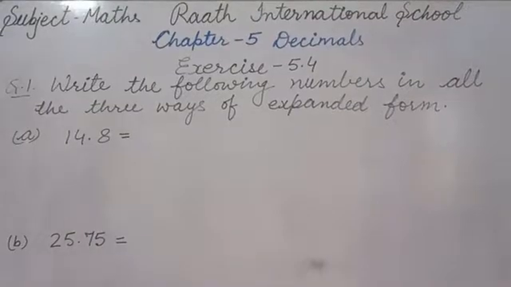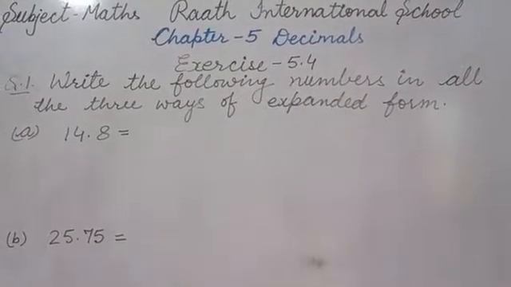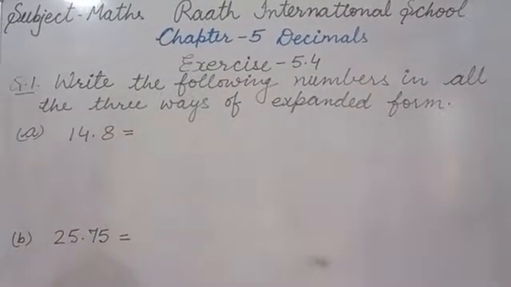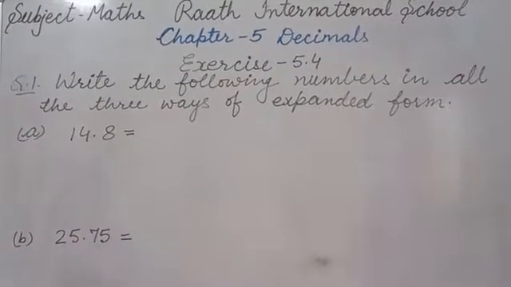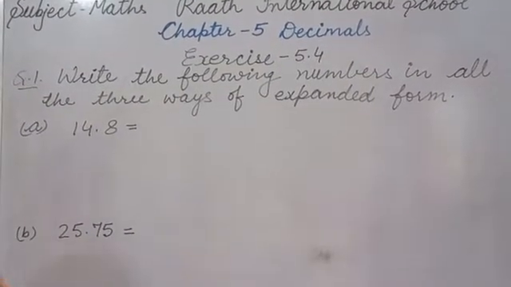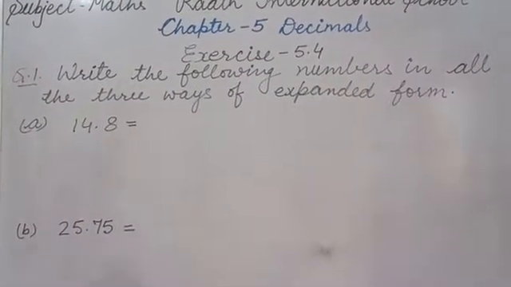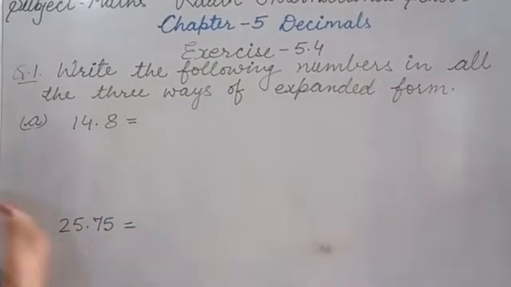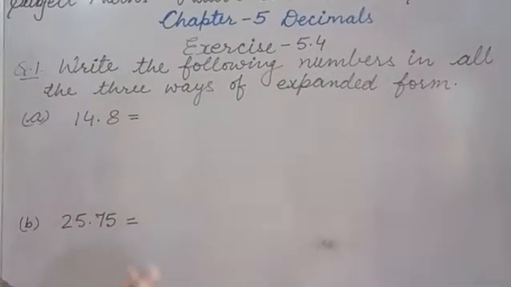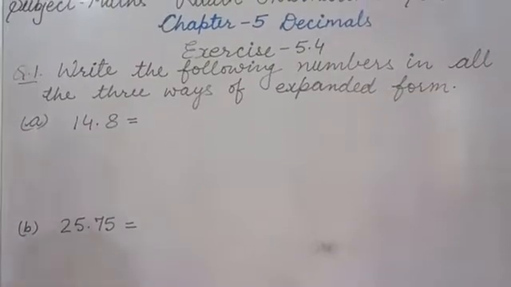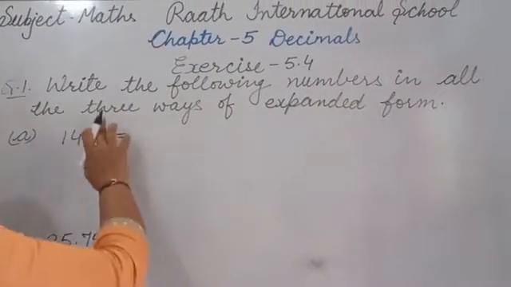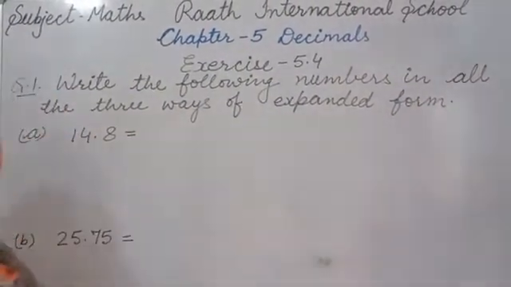Now exercise 5.4. Question number 1. Write the following numbers in all the three ways of expanded form. अब आपको ये जो numbers हैं इनको all three ways से expanded form में write करना. जो three methods मैंने आपको बताए थे, by these three methods you should write in expanded form.